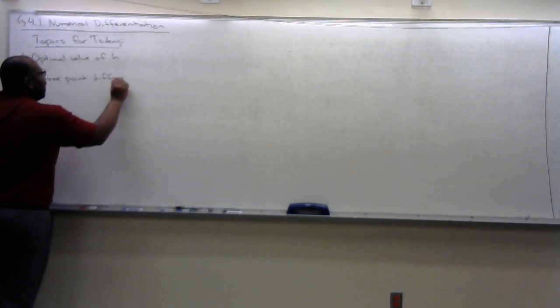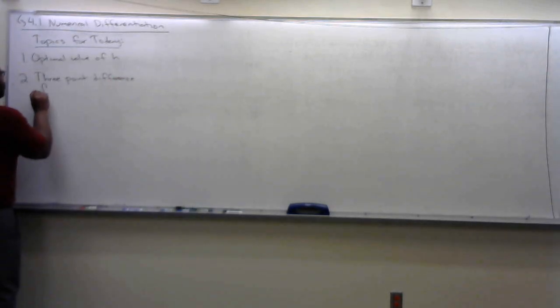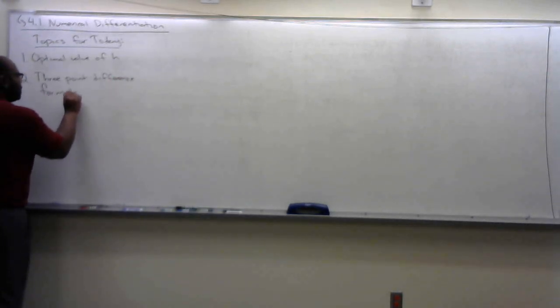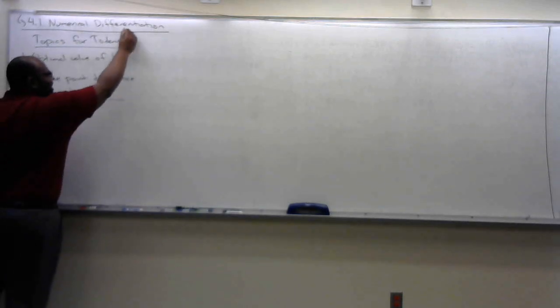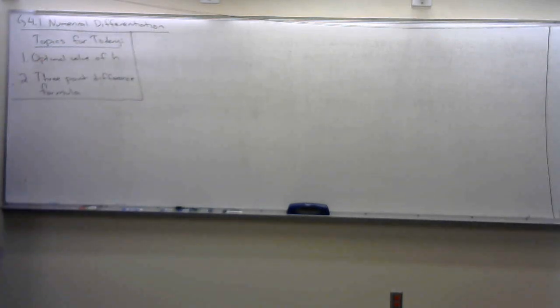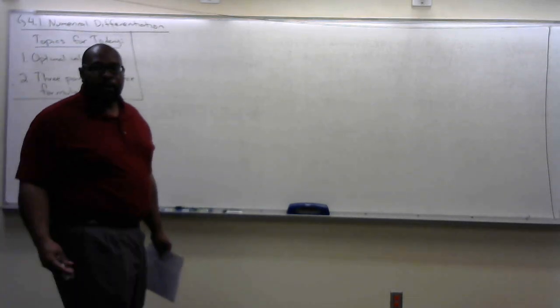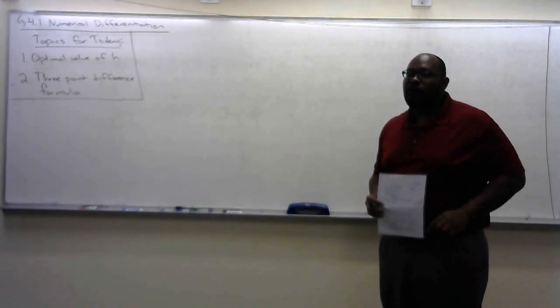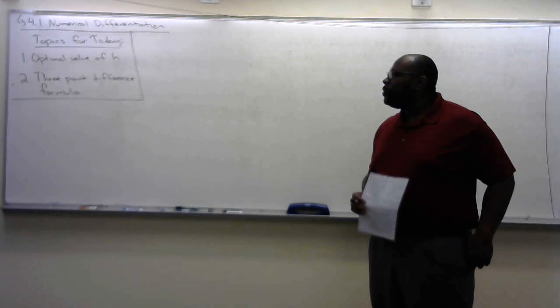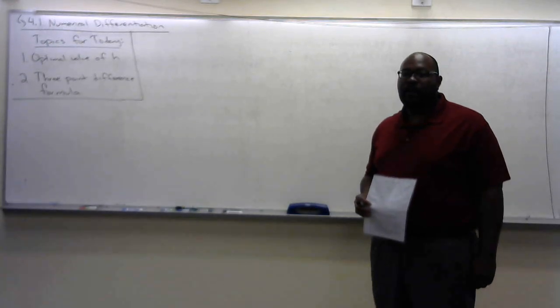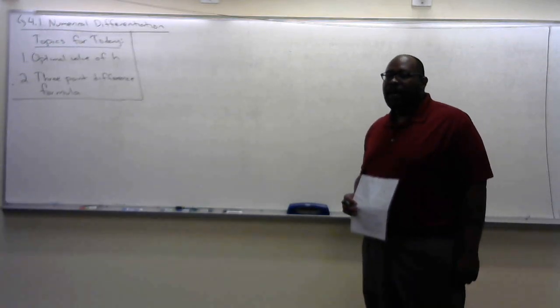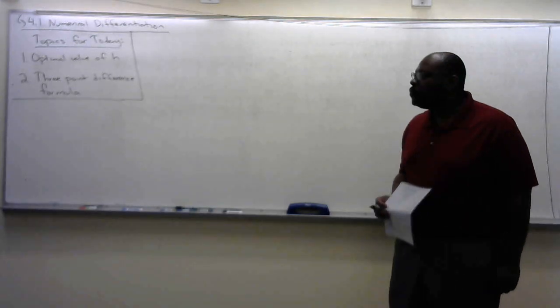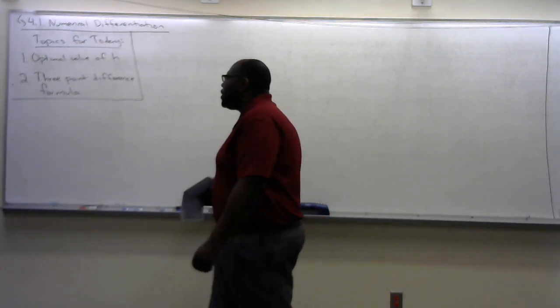We've actually already done a 3-point difference formula, but I don't really like to call it that. That's just me. So optimum value of h when we do numerical differentiation for a couple of these particular formulas. And then we're also going to look at a 3-point difference formula. So we're going to derive that and then go from there.